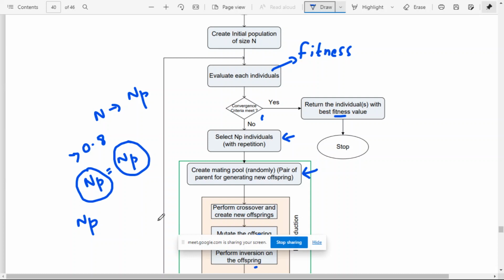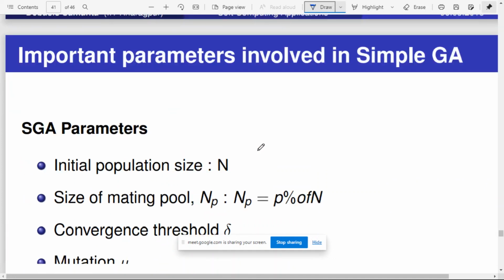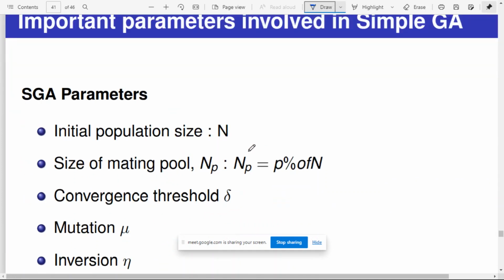This new offspring will replace the individuals created in the previous generation, and again we identify the one with the highest fitness score and check whether convergence is met. Otherwise, continue the process, selecting another NP individuals, and so on. So this is how the simple GA works, right?